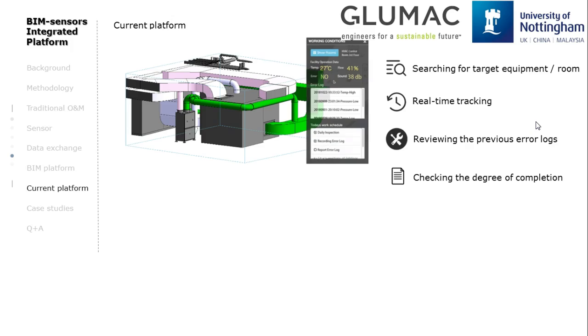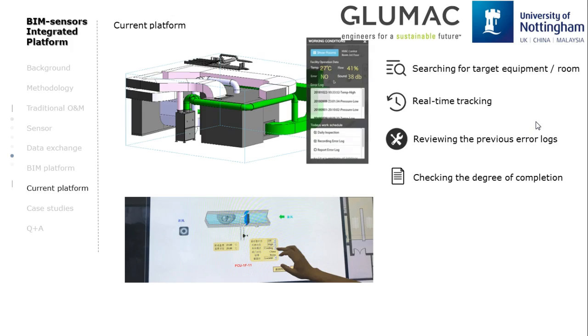We want our platform to have four functions: searching for the target equipment or room, real-time tracking, and reviewing previous error logs, through which you can give feedback to the facility manager, replace your equipment, or repair your plumbing, and checking the degree of completion. You have to give the information to the facility manager, and let other labor repair the MEP system.